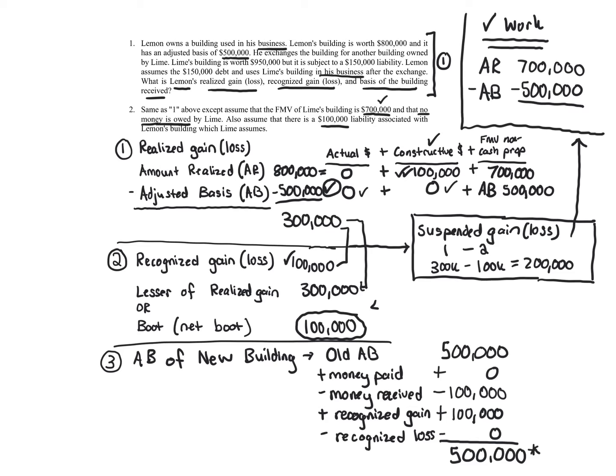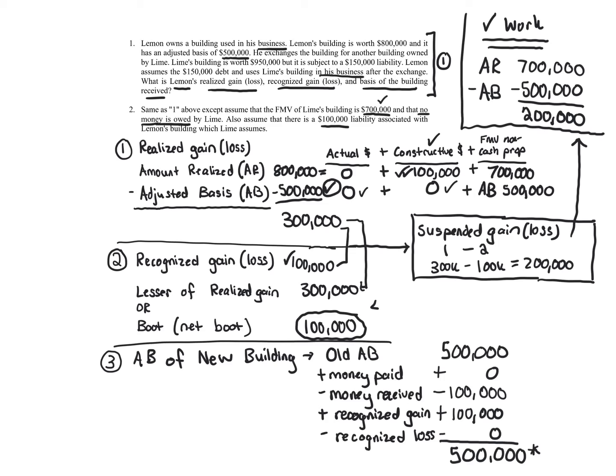We calculate this because if we're selling the building the next day, even hypothetically for cash, $700,000 cash, you have to calculate the realized gain or loss. Any sale, realized gain or loss on the property. So we calculate amount realized $700,000 minus $500,000 adjusted basis. That gives us a $200,000 realized gain.